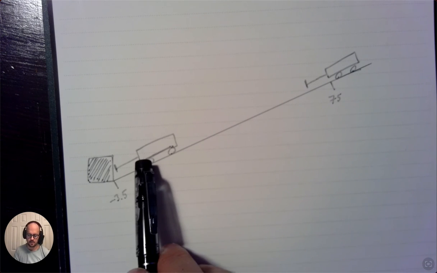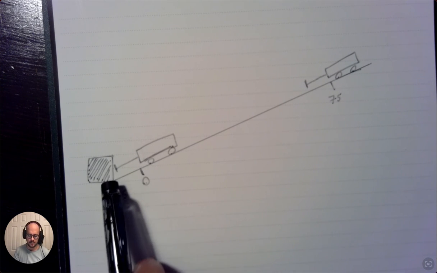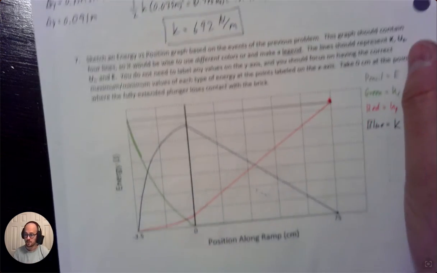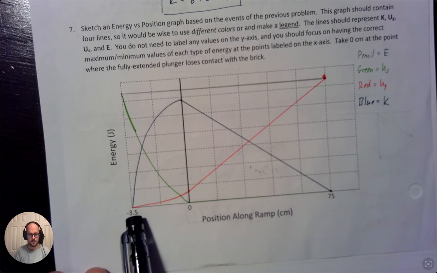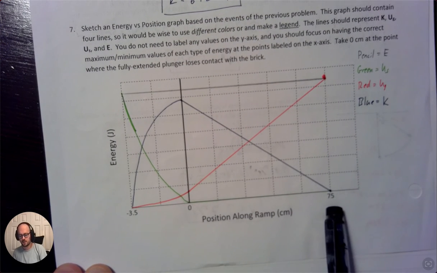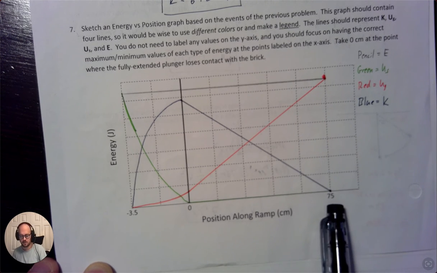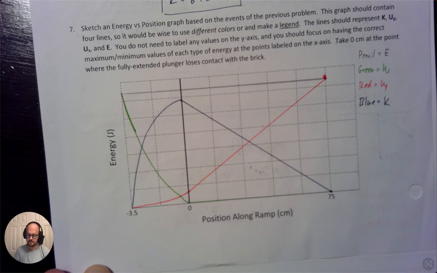If I compress this plunger, the cart would go back down to the bottom, and it would essentially be at a position of negative 3.5 centimeters. So this graph needs to go from negative 3.5 centimeters to 75, because there's energy stored at this location and again at this location. So the first line that I want to tackle is the elastic potential energy.